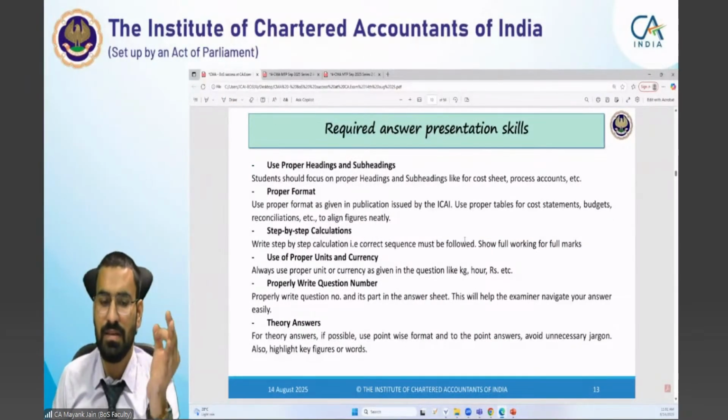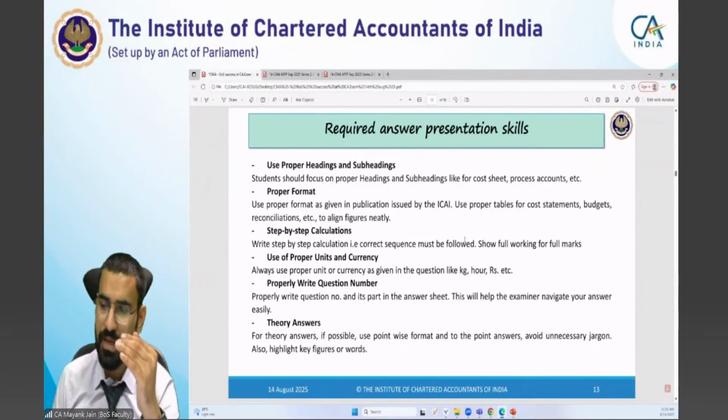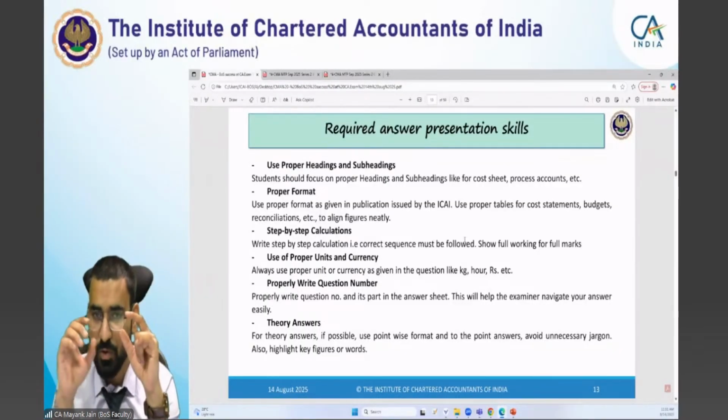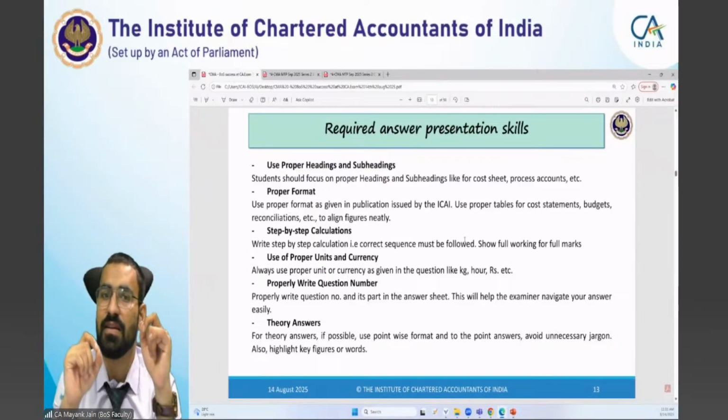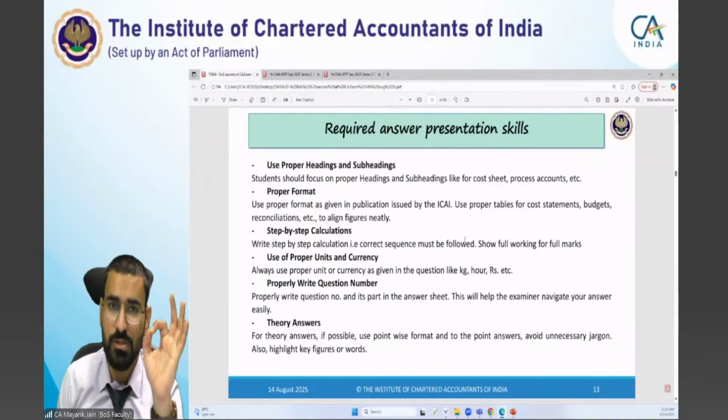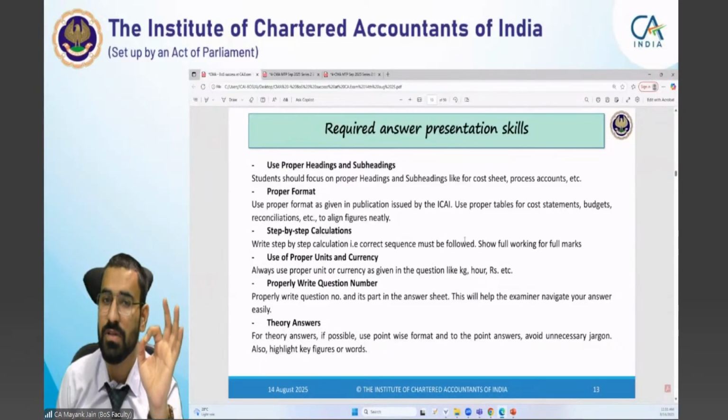How to present: give your proper headings, subheadings, use proper formats, show step by step calculation, write the question number properly, and while attempting any question, give the question number properly. Also give some space before starting the next question, and use point wise format for the theory question if possible.